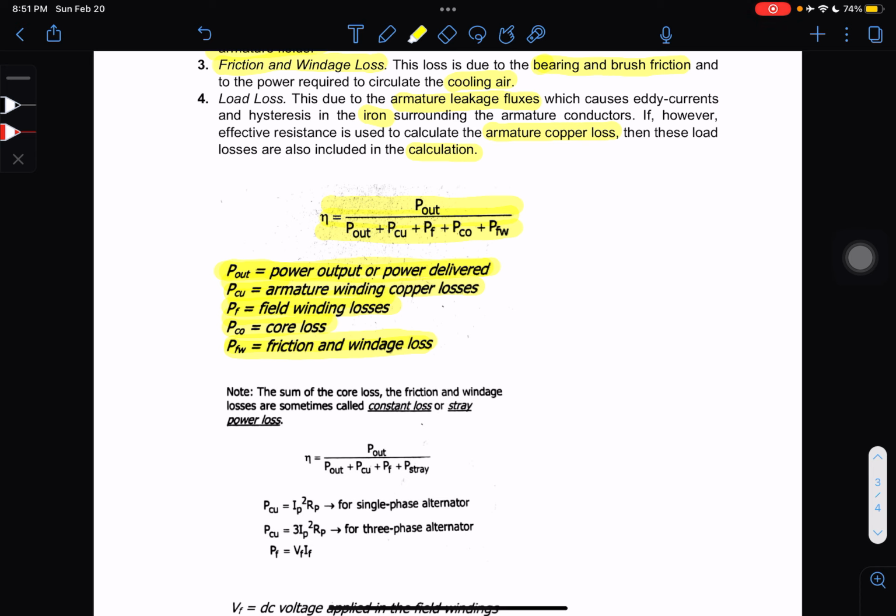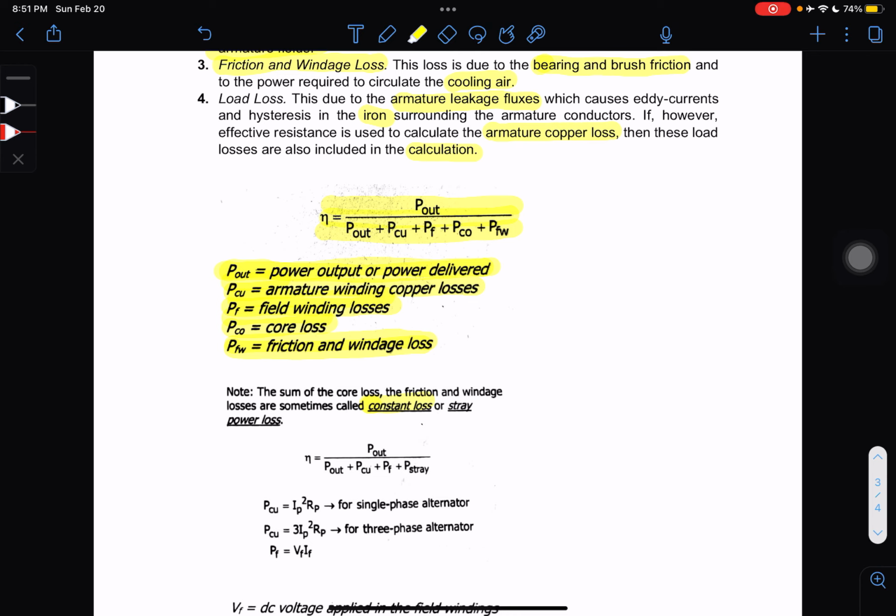Note that the sum of the core loss and the friction and windage losses are sometimes called constant loss or stray power loss. So mostly in our problems, if it says constant loss or stray power loss, that is the combination of our friction and core loss.